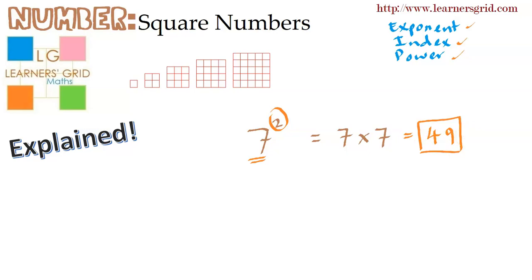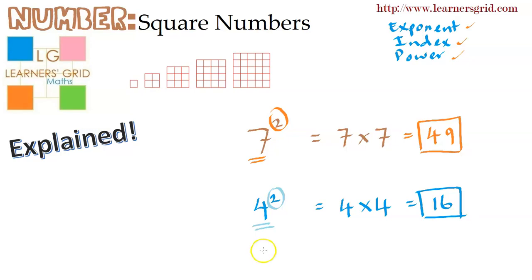Let's try this one. If I was to write 4 squared, what that means is what times what? This tells me how many times I'm multiplying this digit, so it's 4 times 4. And 4 times 4 is 16, and 16 is a square number. We'll do one more.